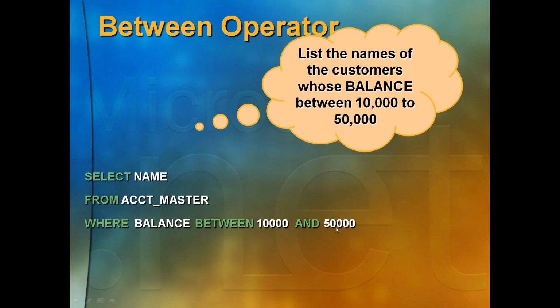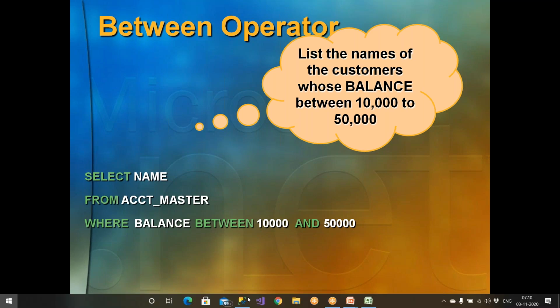The question is, does it take 10,000 and 50,000 as well, or only the in-between values? That is also one more interview question. The between operator includes the lower limit, the upper limit and the in-between values. It is equivalent to greater than or equal to and less than or equal to. Remember this point.